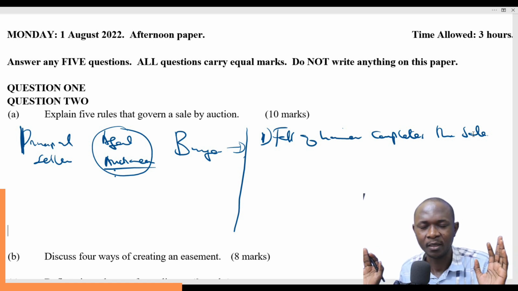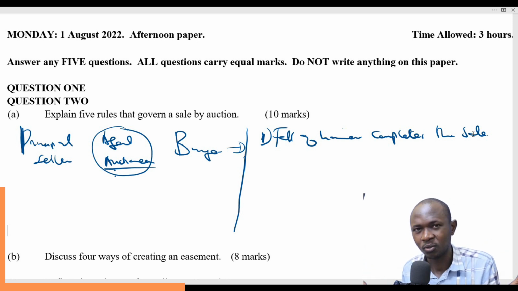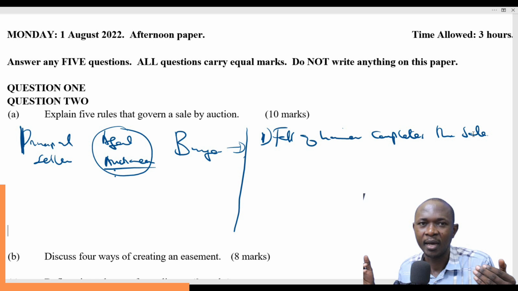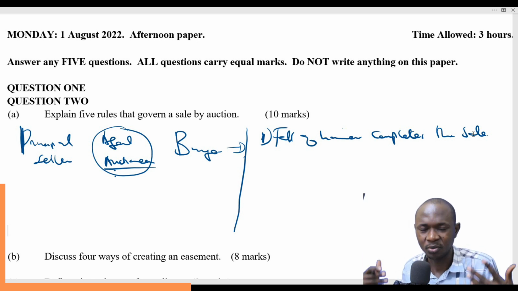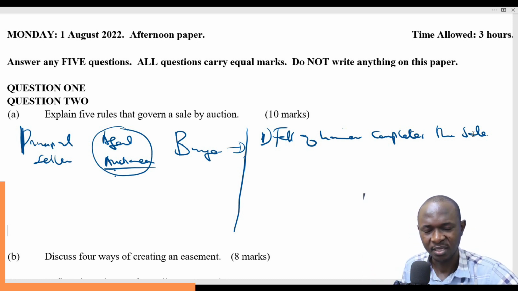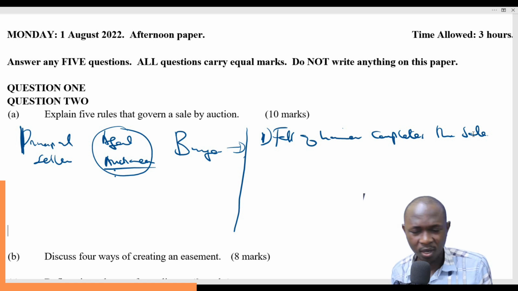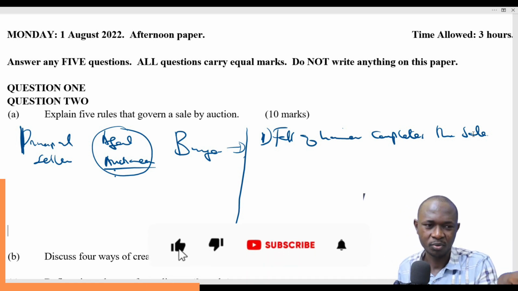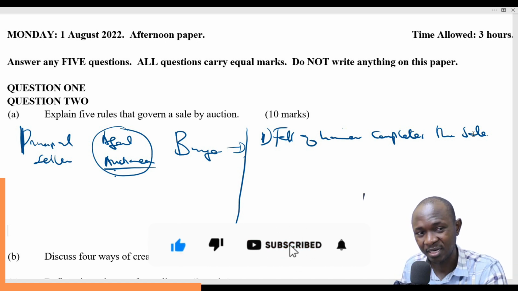And we go to the next process, where the buyer is supposed to give the cash as the auctioneer delivers the goods to him. So the fall of hammer is the completion of the sale process, and the bid has gone to the highest bidder.